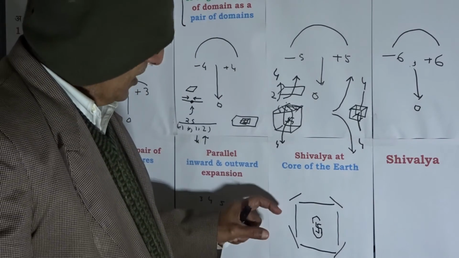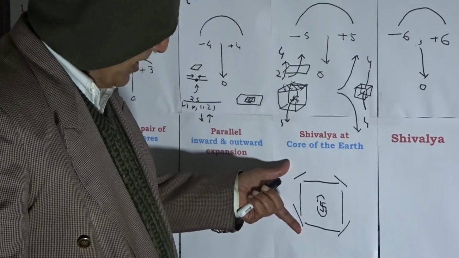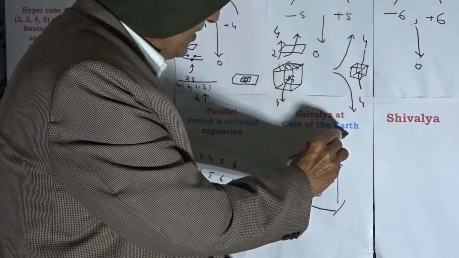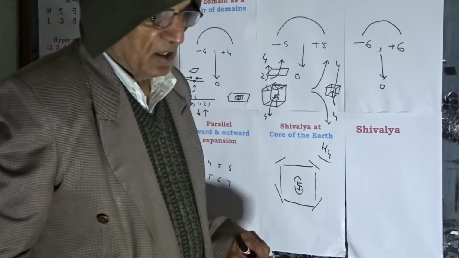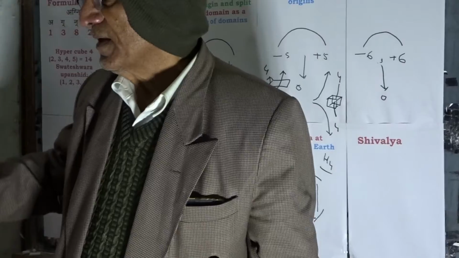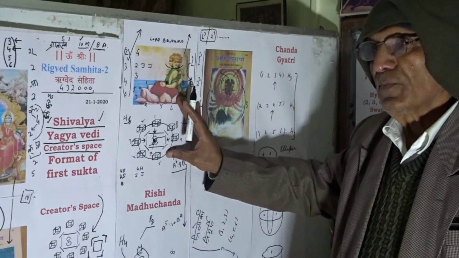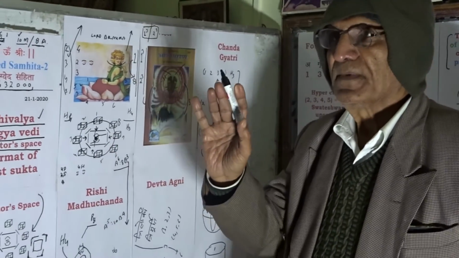So it is this initiation point of the format of hypercube 4 parallel to the format of the idol of Lord Brahma that is to be imbibed.